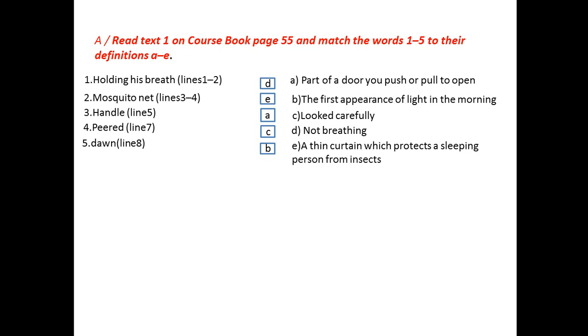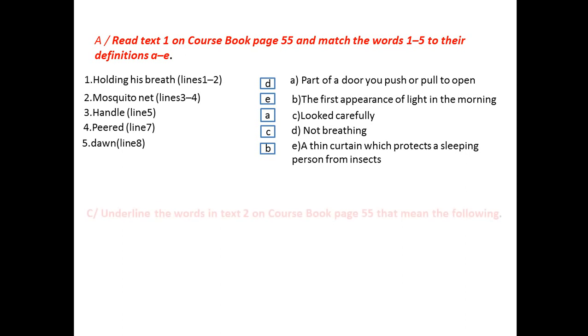E, a thin curtain which protects a sleeping person from insects. Number 3, handle. A, part of a door you push or pull to open. 4, C, look at it carefully. 5, B, the first appearance of light in the morning.